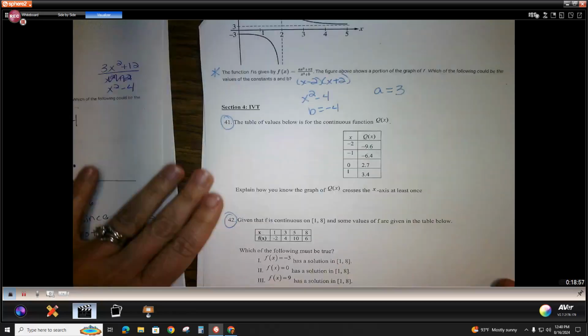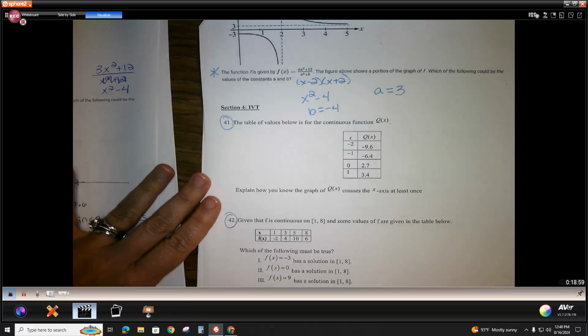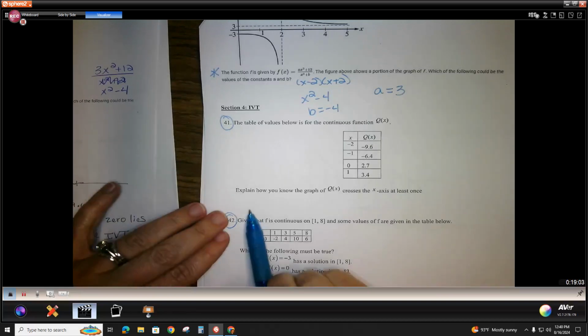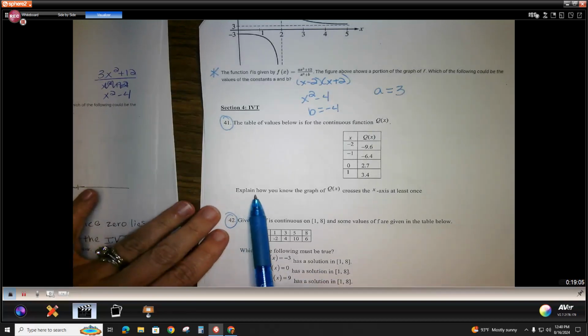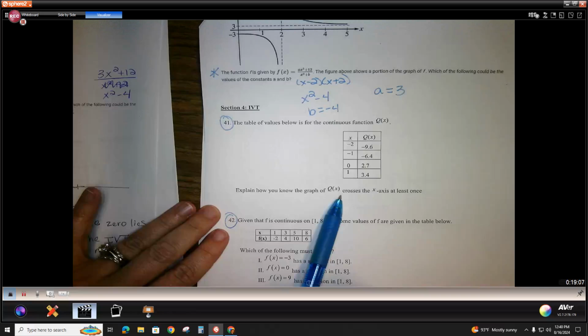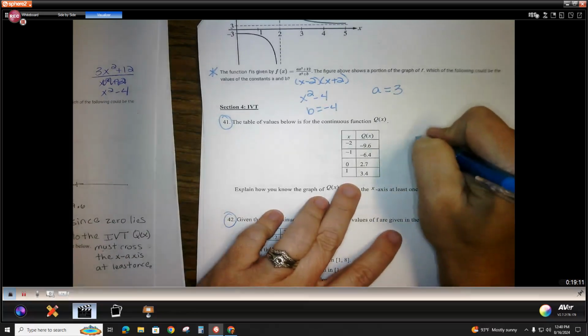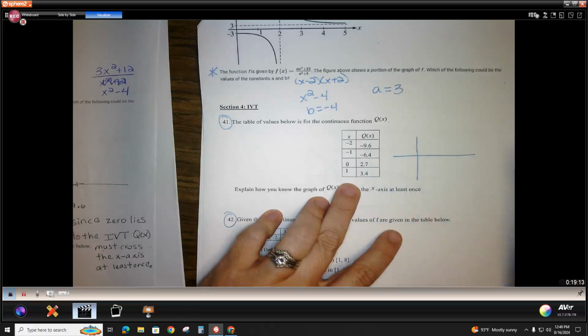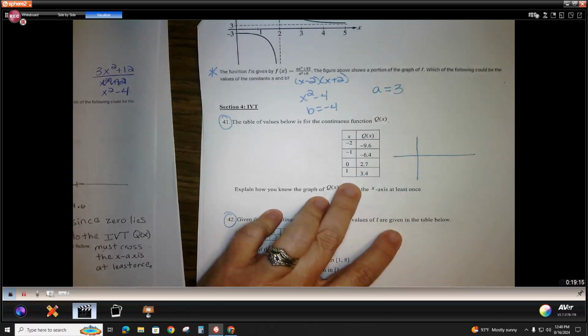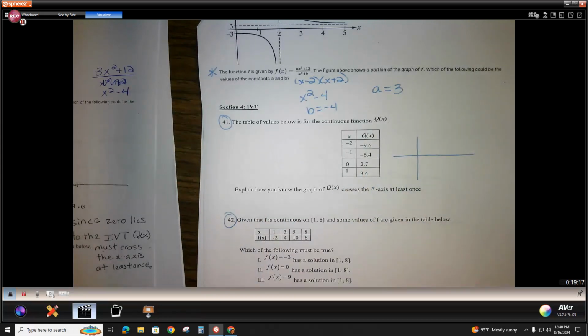Okay, last section, IVT. This was the intermediate value theorem, and we talked about some problems like this. Explain how you know the graph of q of x crosses the x-axis at least once. If it helps you to draw a picture to visualize this, sometimes it helps you see why it has to cross at least once.